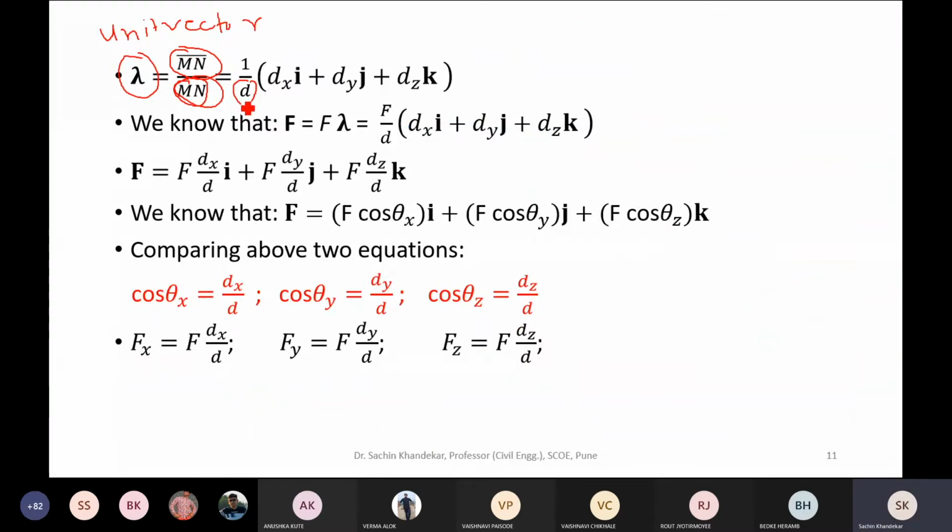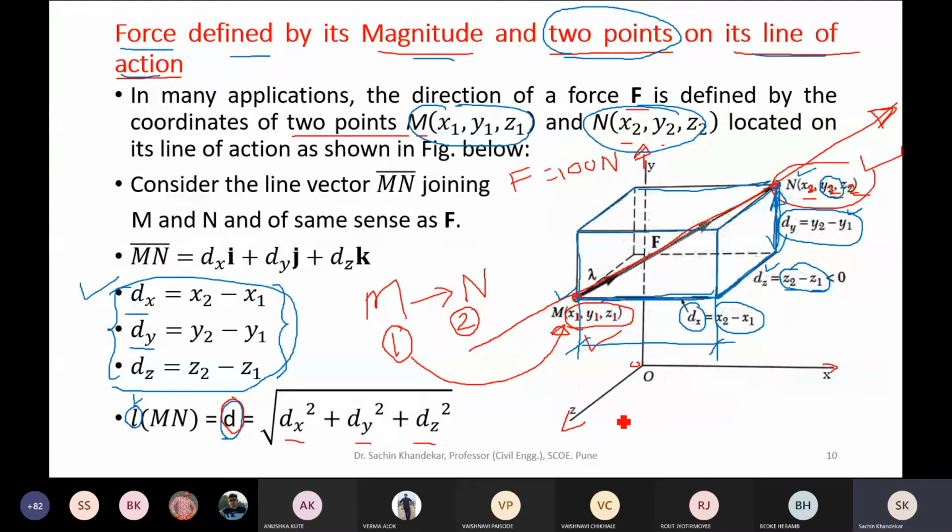This MN bar in vector form is equal to dx i plus dy j plus dz k, where i, j, k are the unit vectors along the x-axis, y-axis and z-axis.